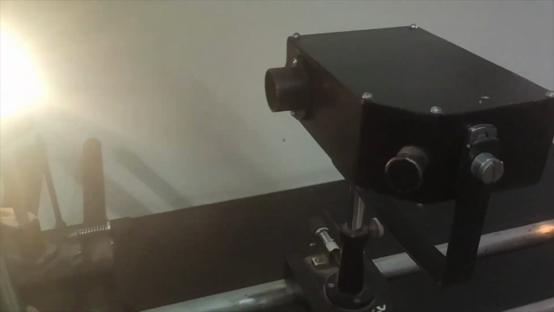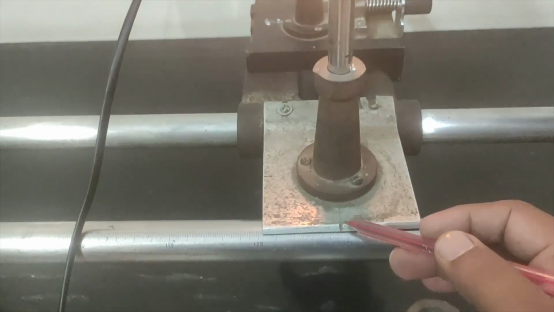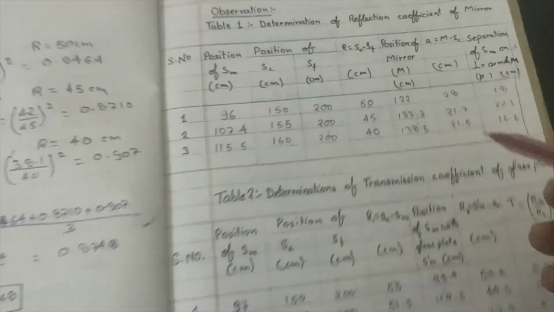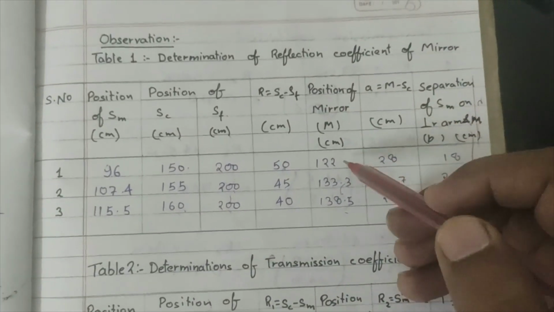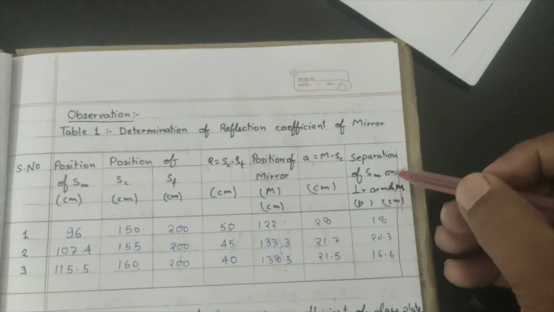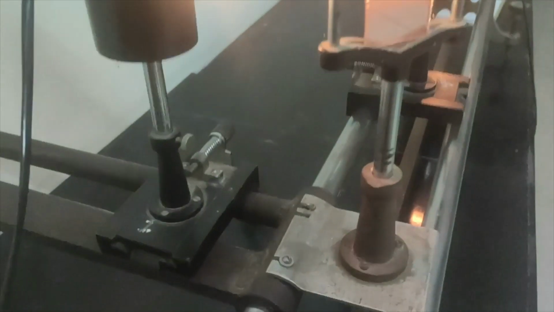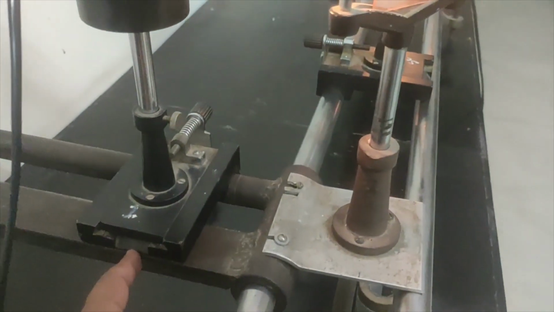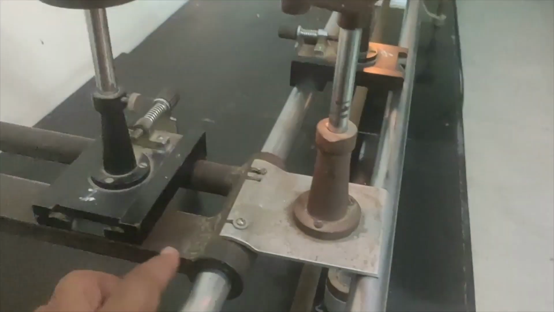When it happens, I have to note the position of the mirror here, and then note the separation of SM. SM is this movable source, so I have to find the distance between this movable source and the mirror.